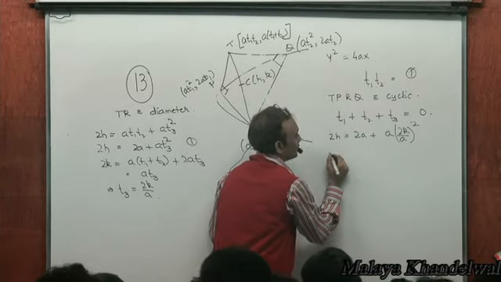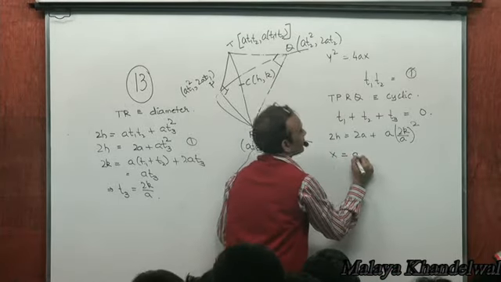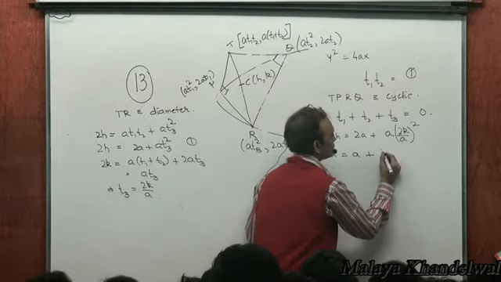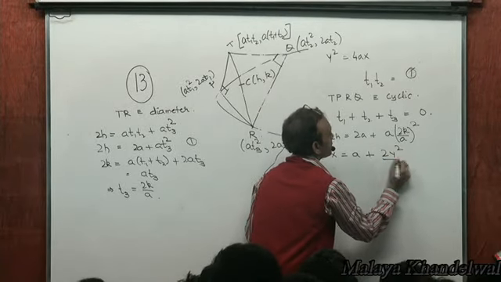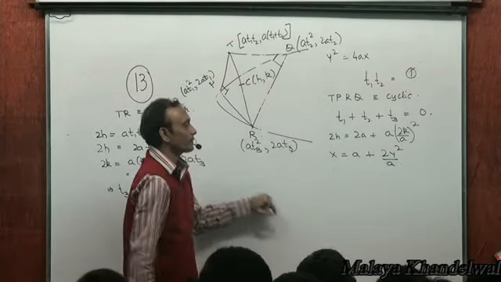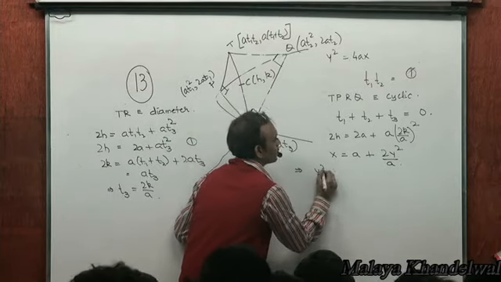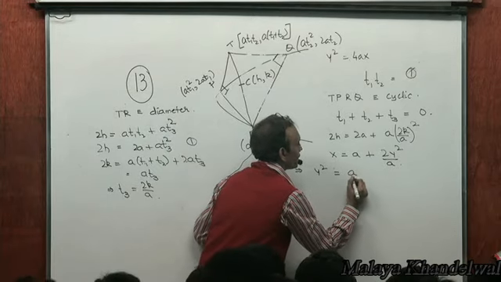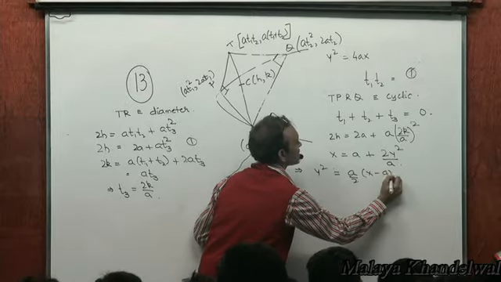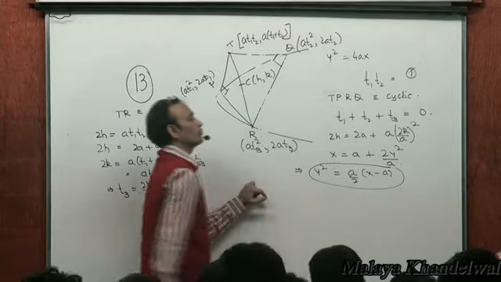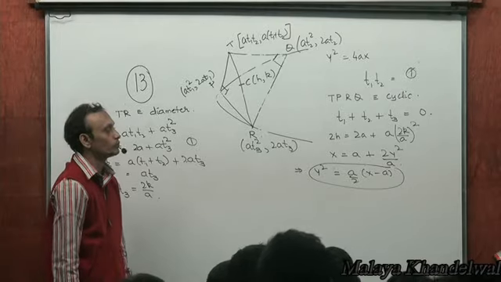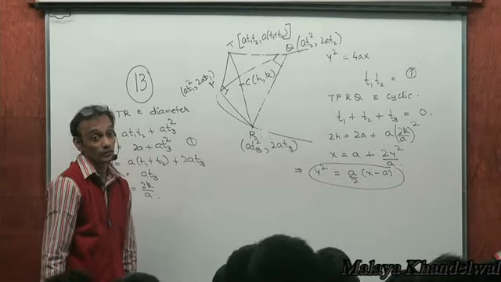So you get x equal to a plus 2y squared by a, or y squared equal to a by 2 into (x minus a). Which is a parabola, right?